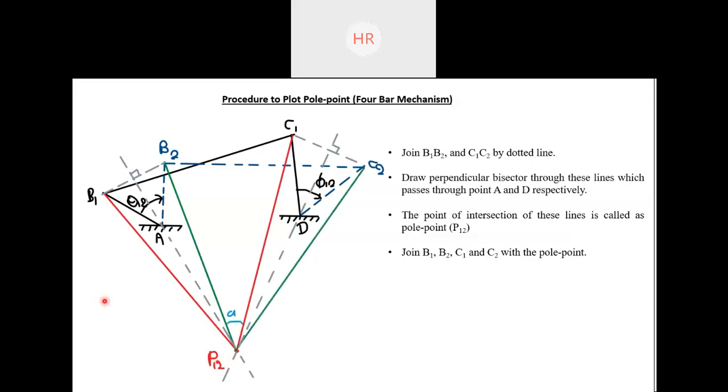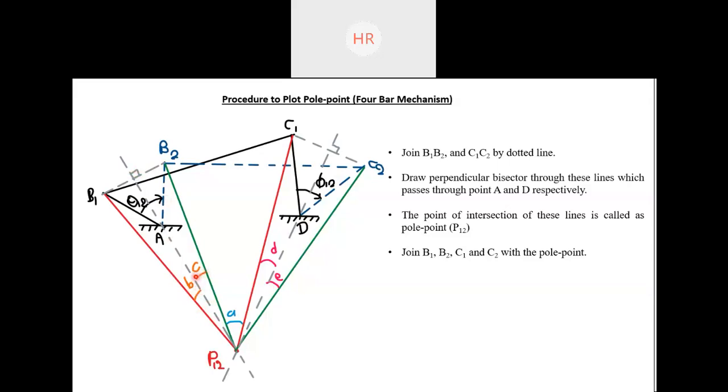So let's call the angle between the line joining B2 P12 and C1 P12 as A. This angle we are calling angle A. And these angles are represented as angle B and C, and on the right hand side this is angle D and E. So observe these angles carefully because it will be helpful in deriving properties.